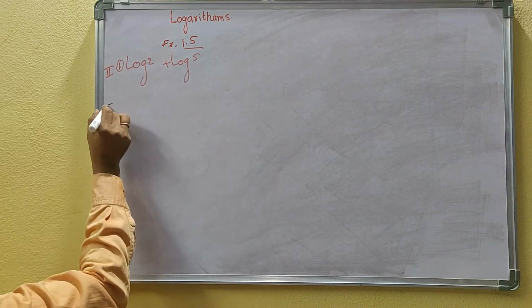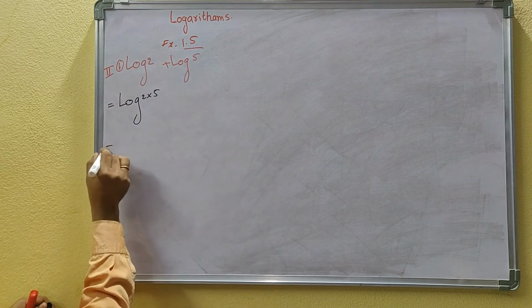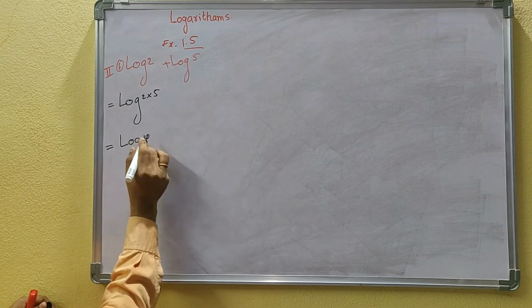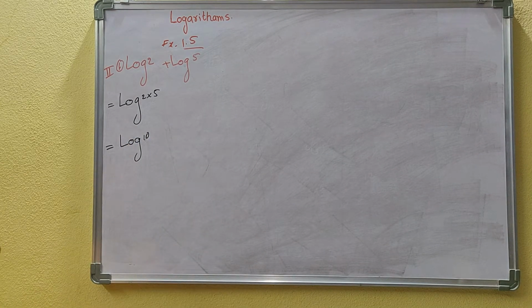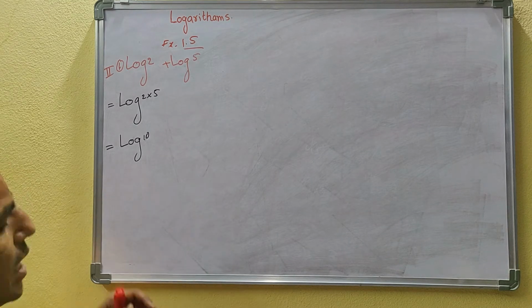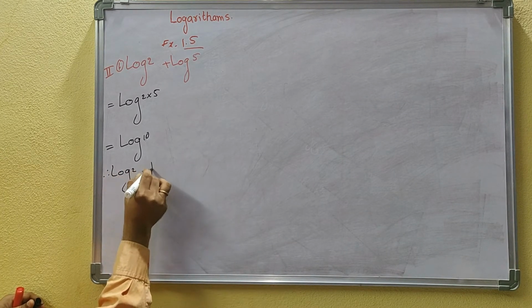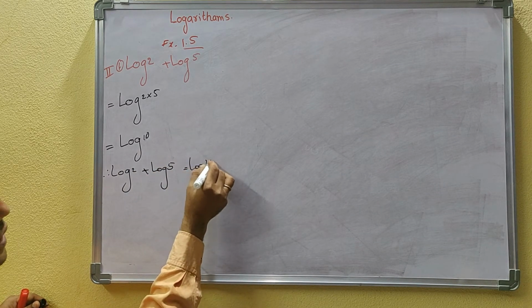So its value is log 2 into 5. Base value we don't know. 2 times 5 is 10. So log 2 plus log 5 is equal to log 10. Therefore the answer is log 10.